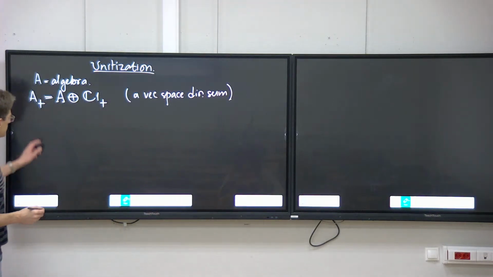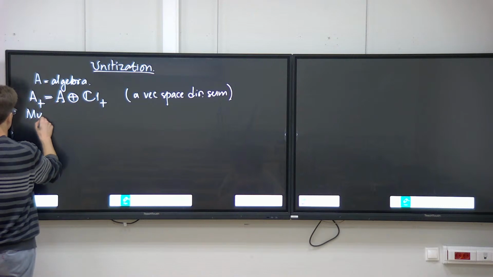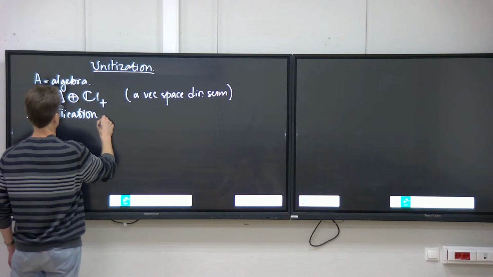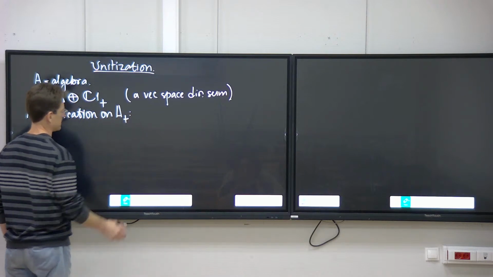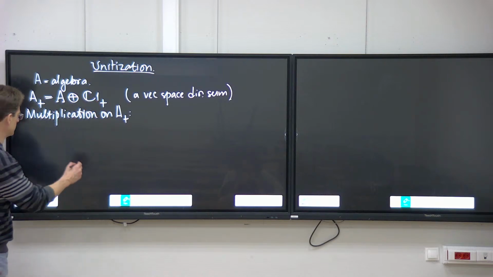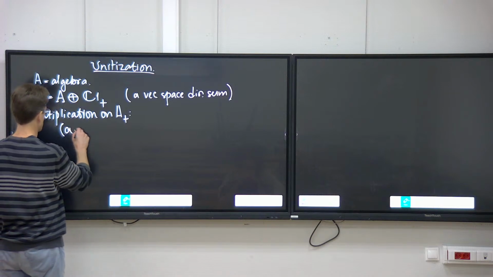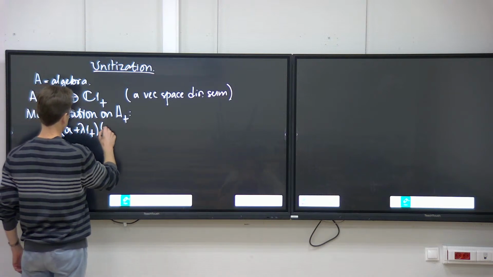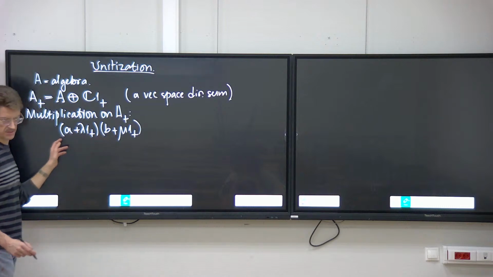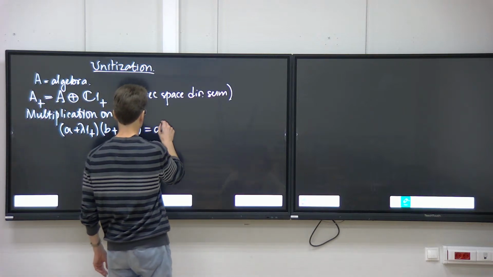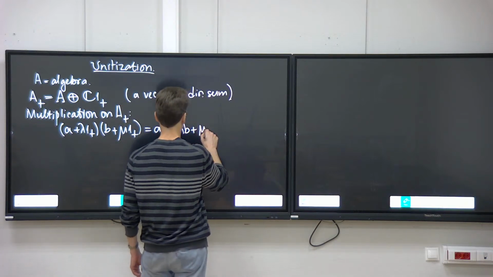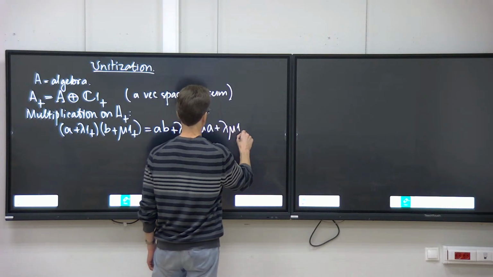Then we introduce a multiplication on A plus. We define it in such a way that this new element will be an identity for this multiplication. And there is only one reasonable way of doing this: you have two elements of A plus, and we define their product just by this formula, (a plus lambda 1)(b plus mu 1) equals ab plus lambda b plus mu a plus lambda mu 1.